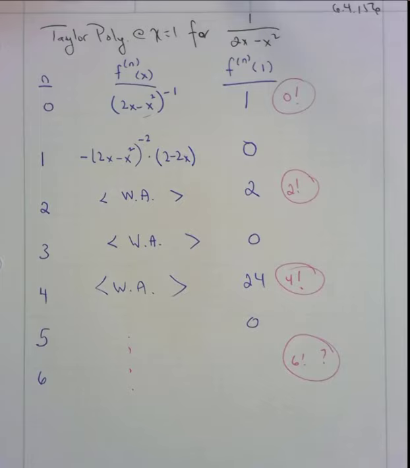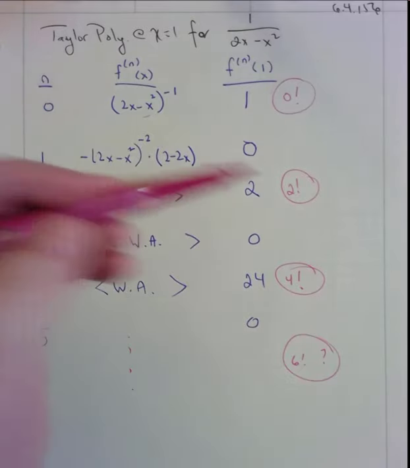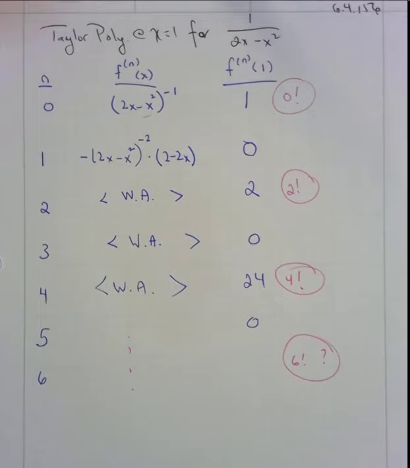So what we're going to do is we're going to have to generate a series formula that when we have even values of n, give us 0. When we have odd values of n, give us that number factorial. So here's the trick.